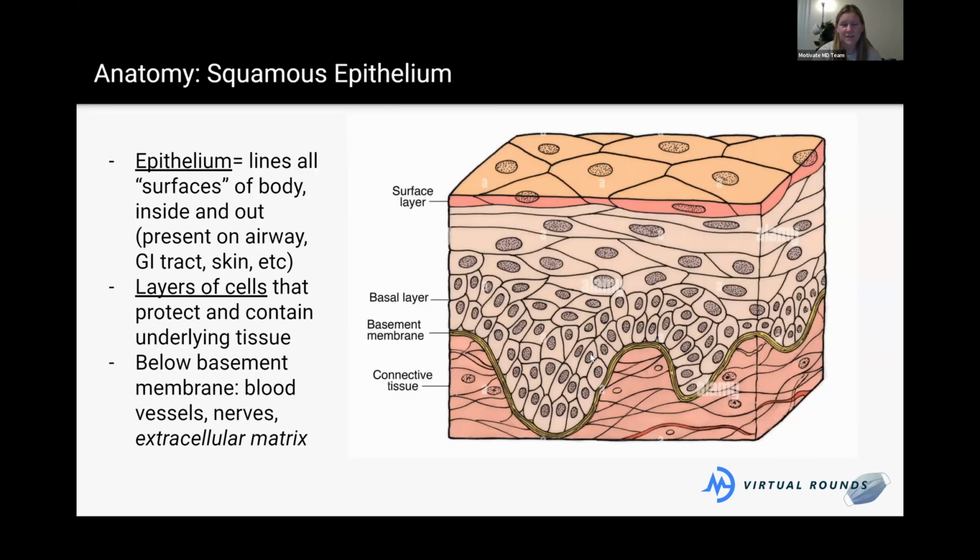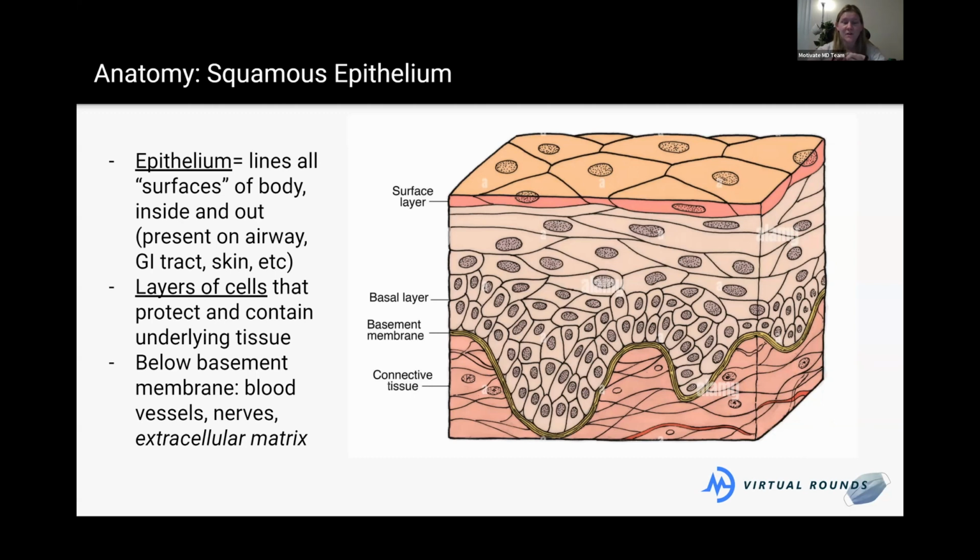Now, kind of getting back to the background for our case. I did want to also show you guys some normal anatomy and histology before we get into our pathology. So the epithelium is a cell type and cell layer that lines all surfaces of our body, inside and out. Anything that, if you think of it as being open to the outside world, is lined with epithelium.